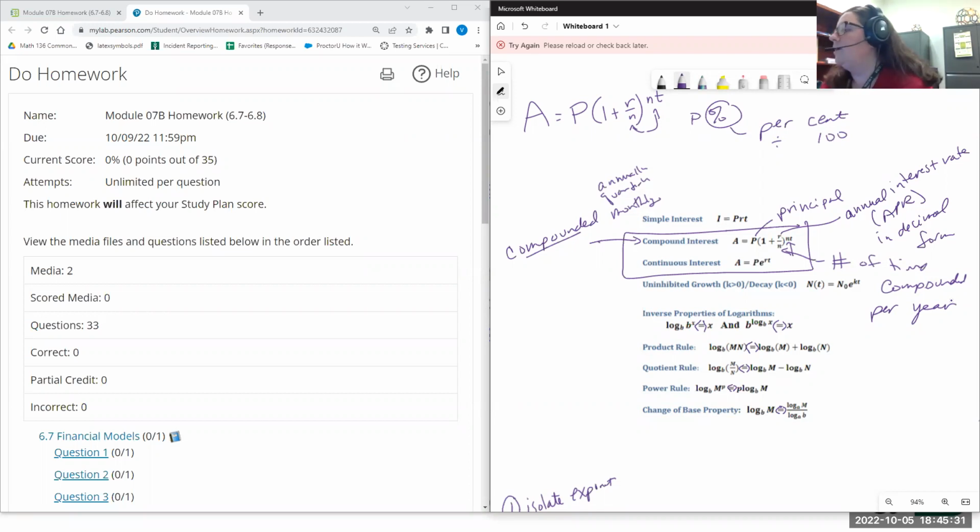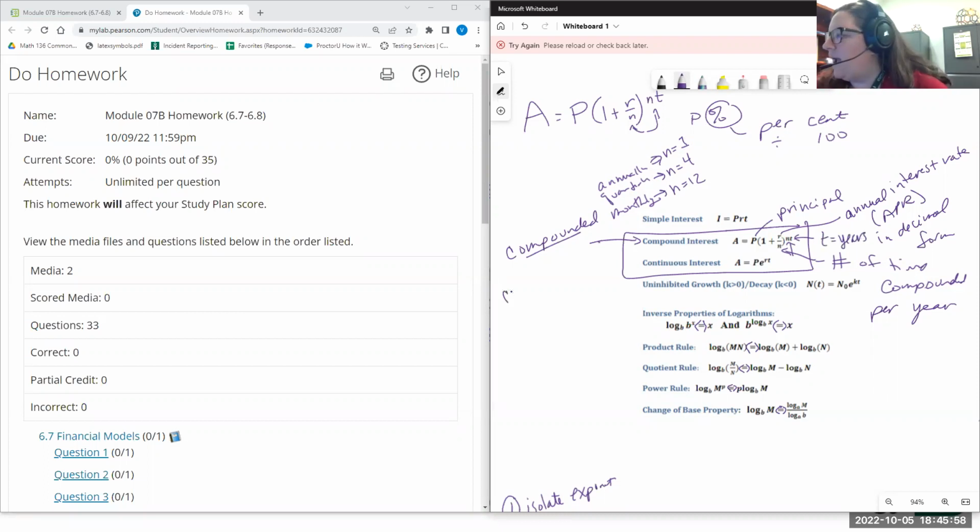And likewise, N, number of times compounded per year, for annually, that would be 1. For quarterly, it would be 4, 4 quarters in a year. Monthly would be 12. If it was daily, it would be 365, etc. So those are mainly what you have. And then T is going to be the number of years.